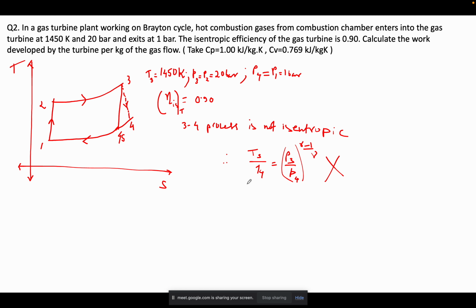That is wrong, very important, since this is not isentropic. But 3 to 4s is isentropic.